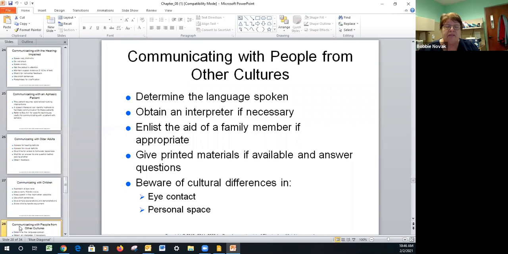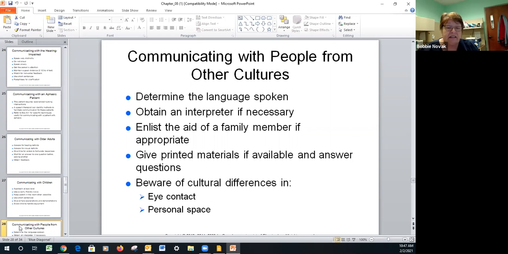But if we're doing a physical or a health assessment and we're talking about medical issues, we really do not want to have the family be the interpreter in this, because there are times where the family member doesn't want to tell you what the patient said because they'll be embarrassed, or the patient doesn't want to share that information with their daughter or their son. So when we're looking for medical information, it's much better to get an interpreter.